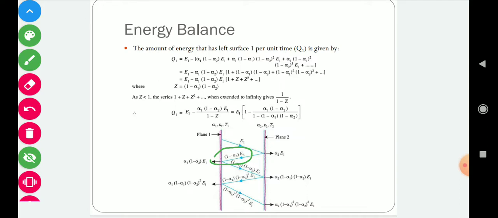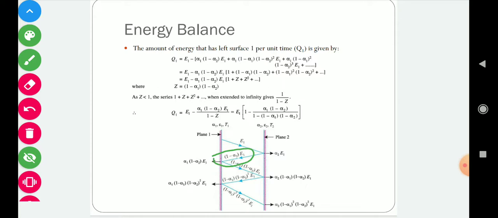Alpha is the fraction of radiation absorbed by plane 2. The remaining fraction will be 1 minus alpha 2, and the total energy is E1. If we multiply this fraction by E1, it will give you the total amount of energy which will be reflected back. So this is 1 minus alpha 2 times E1.